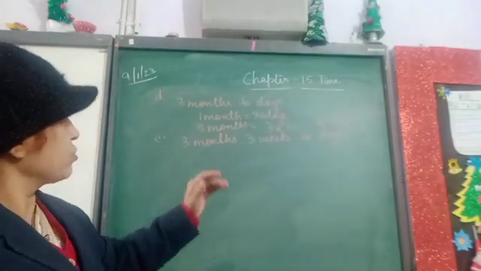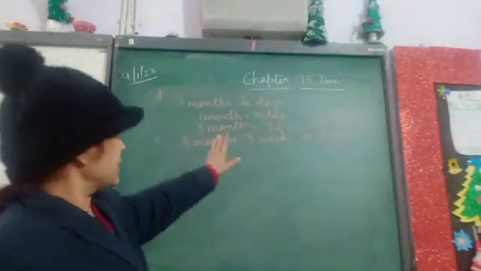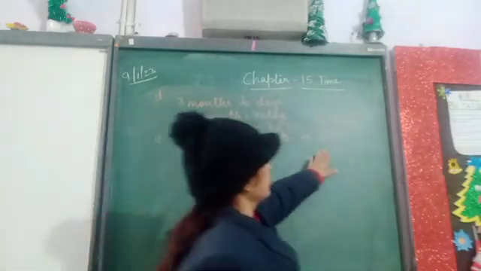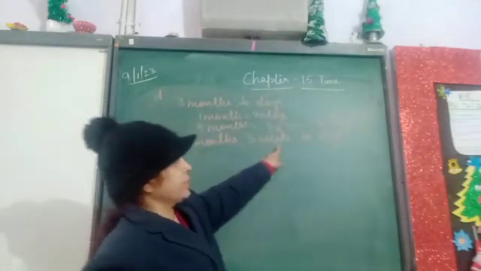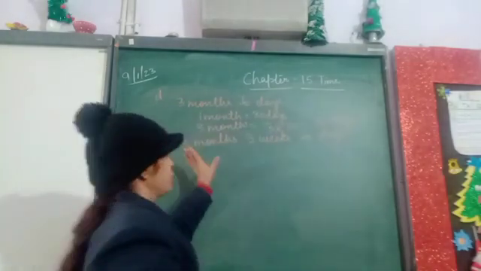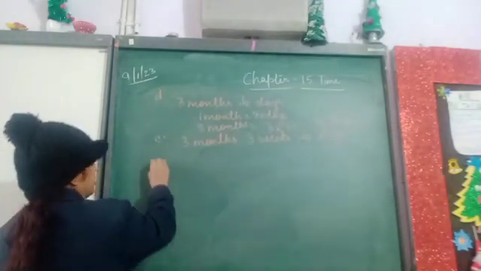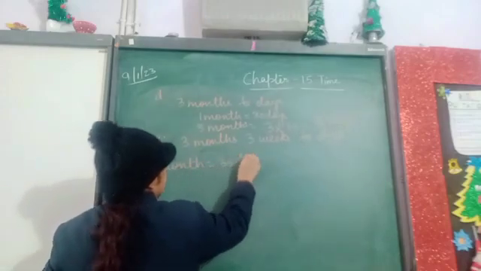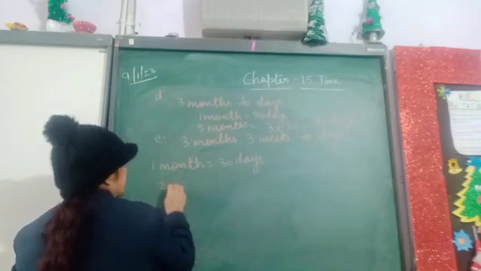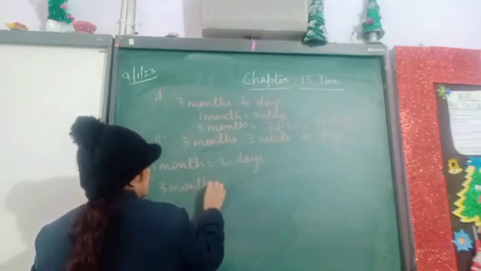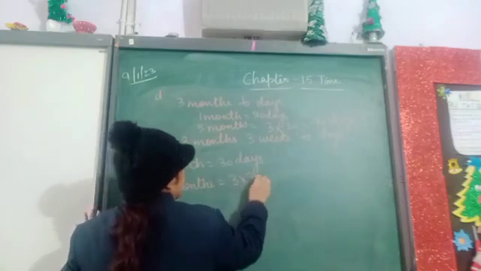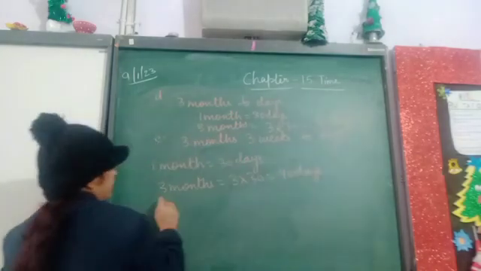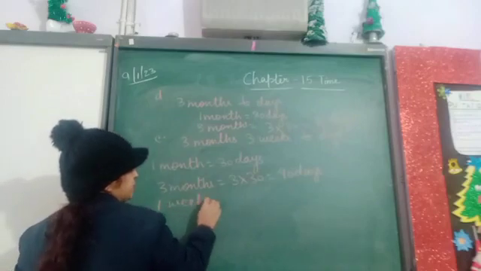Now come to the next question. 3 months, 3 weeks, 2 days. Now you can see here, the units are different. This is month, and this is weeks, and we have to change them into days. So first we will change this part. 1 month has 30 days, so 3 months will be 3 into 30, that is 90 days. Now the week part. 1 week has 7 days.